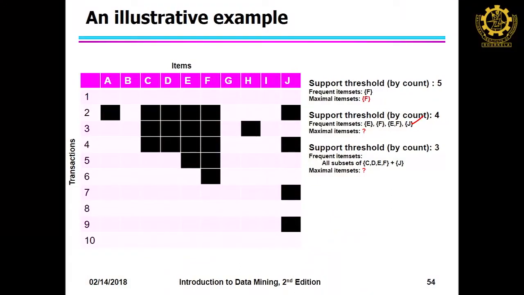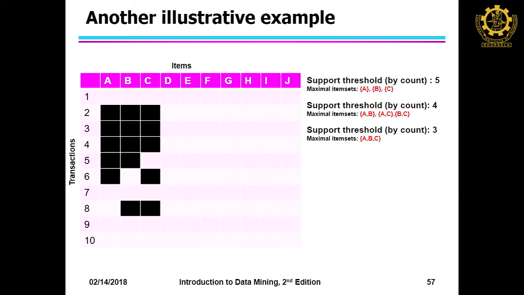And if you take F, its corresponding superset EF is also frequent. So, EF and J. If it is 3, which one will be maximal? J is sure, and then C, D, E, F. So C, D, E, F and J. Similarly, you can verify it.